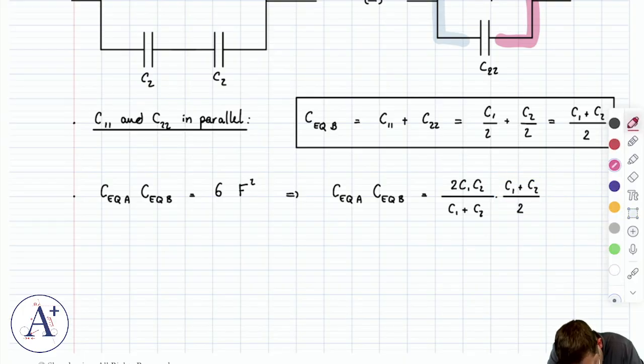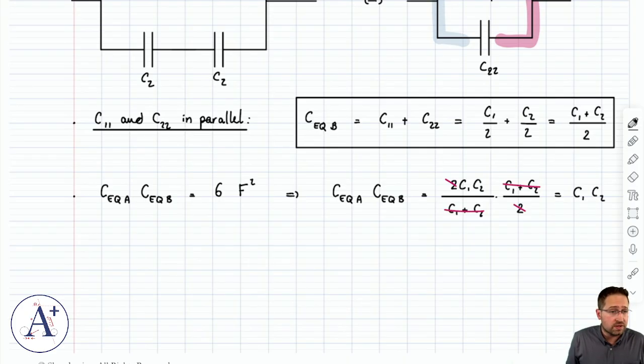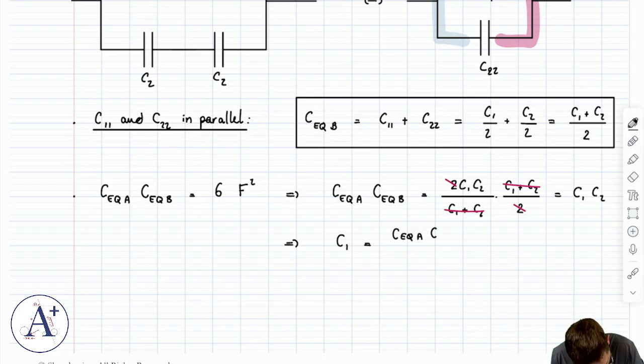So this simplifies nicely. 2 goes away, C1 plus C2 goes away, and I just get C1 times C2. Now I'm told that C2 is equal to 3 farad, and so if I want to solve for C1, C1 is just going to be C equivalent A times C equivalent B divided by C2. That is going to be 6 divided by C2, which is 3. So I'm going to get 2 farad for C1.